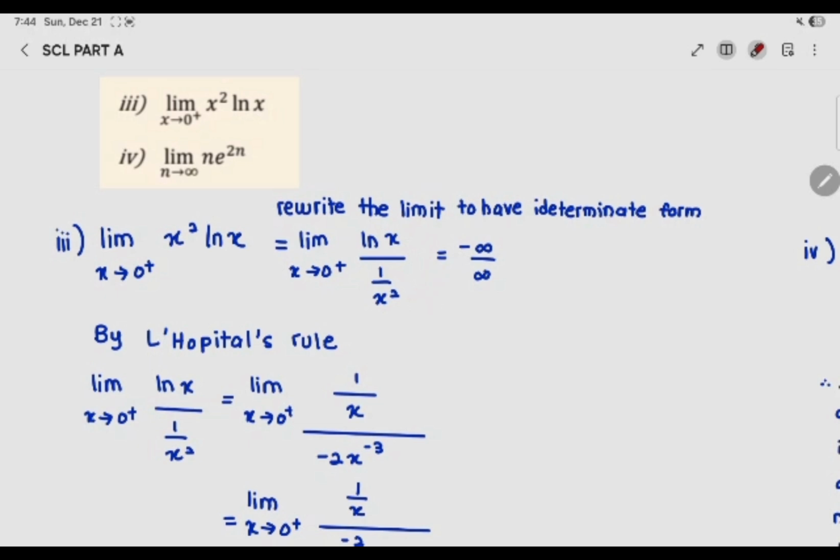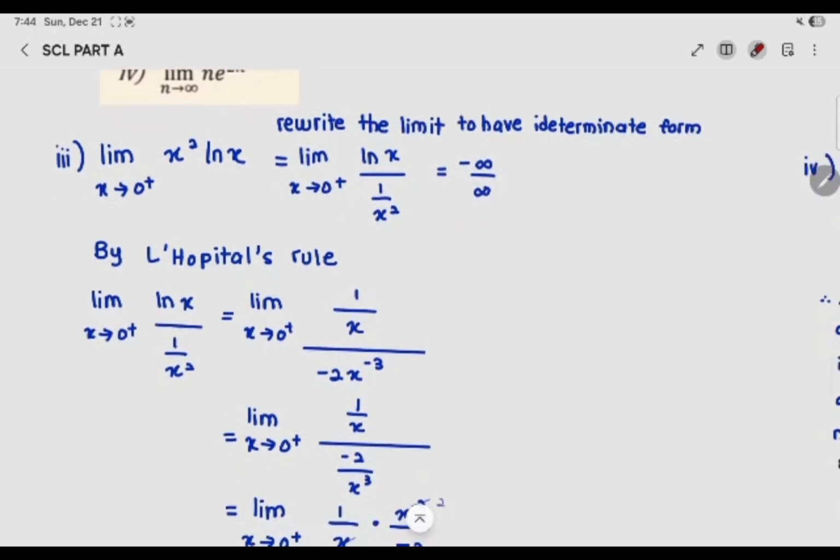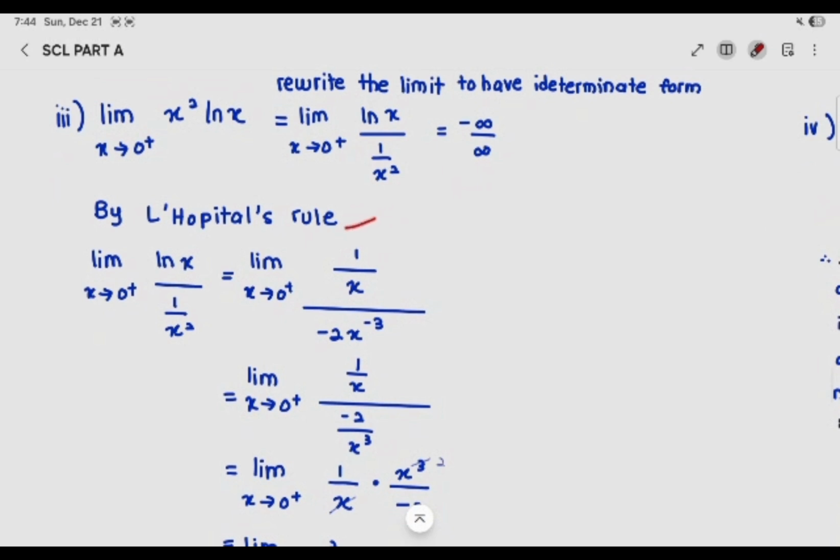As x approaches 0 from the positive side, ln x approaches negative infinity and 1 over x squared approaches positive infinity. Hence, the limit is now in the indeterminate form of negative infinity over infinity, which allows us to apply L'Hopital's rule.